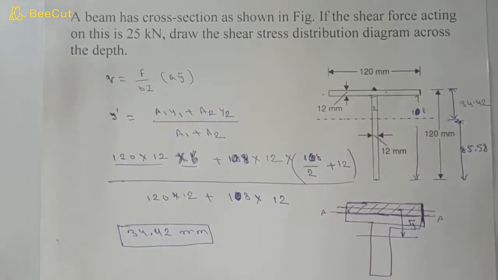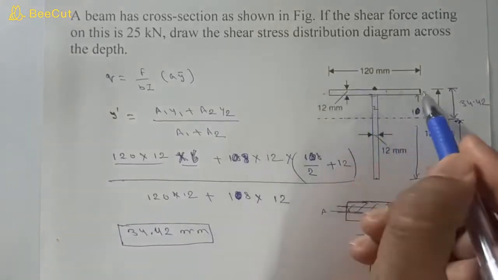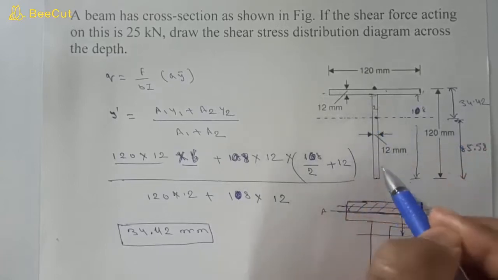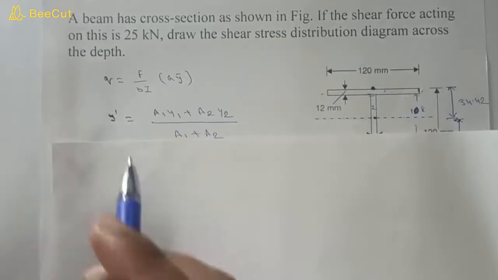Now we have to calculate the moment of inertia of this section. So the moment of inertia will be the moment of inertia of this flange section about this centroid, plus the moment of inertia of the web section about this centroid. Moment of inertia is b h cubed by 12.